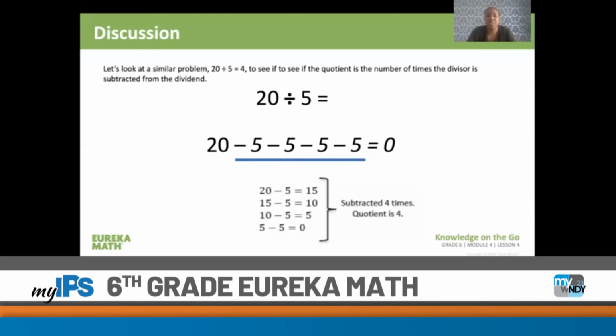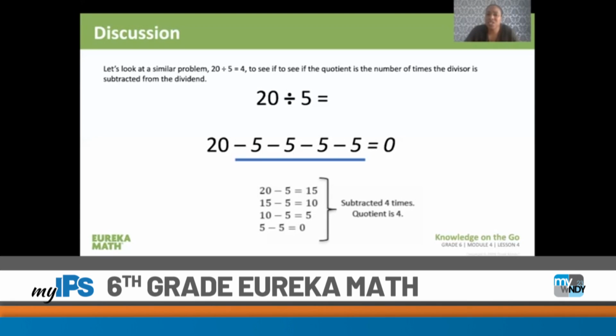What do you notice about the relationship between 20 divided by 5 equals 4 and 20 minus 5 minus 5 minus 5 minus 5 equals 0? 20 divided by 5 equals 4 can be interpreted as subtracting 4 fives from 20, which will equal 0.